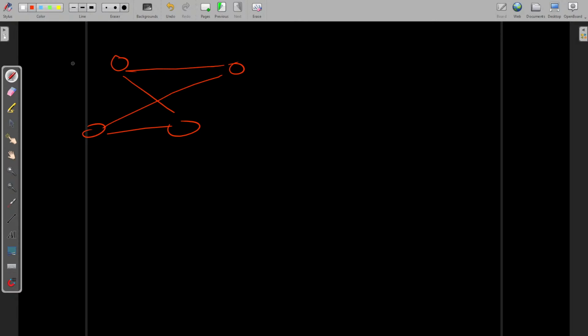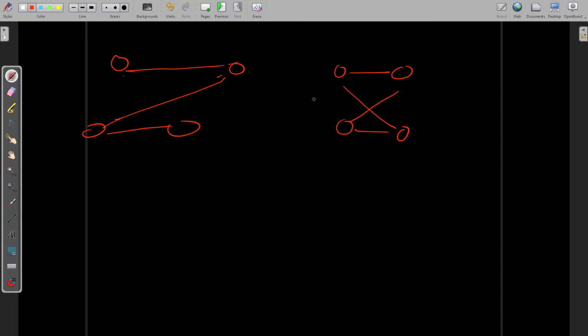I will delete all of these edges in the middle, and try to keep only the minimum required edges. But if I want to create the maximum spanning tree, I will try to keep as many edges as possible. I will try to keep everything.